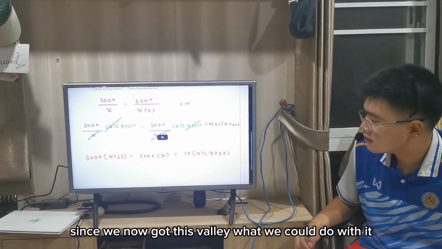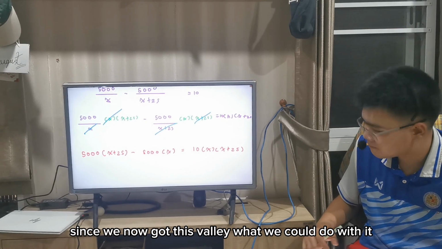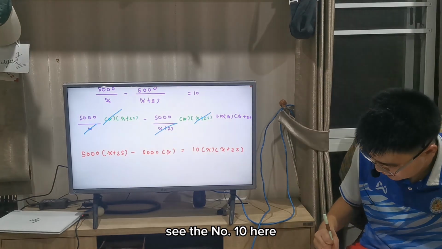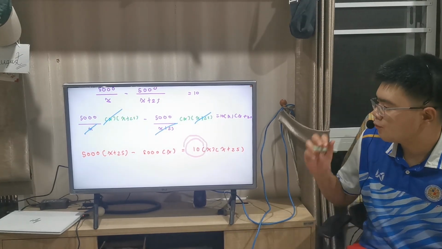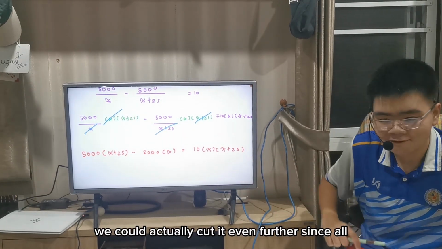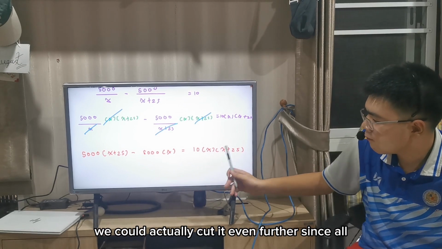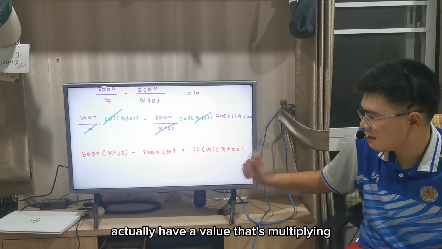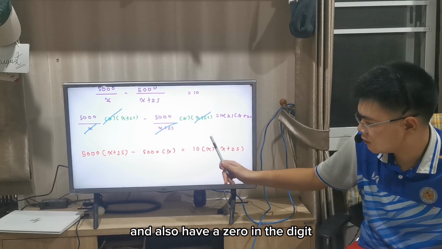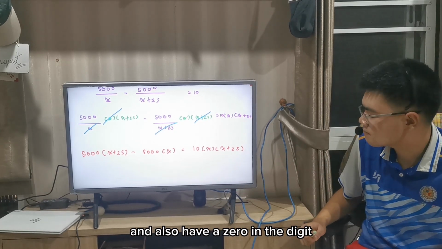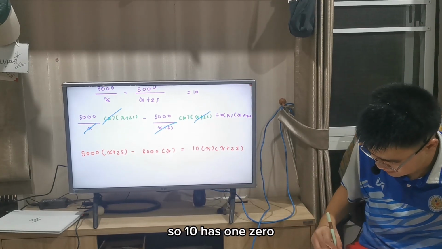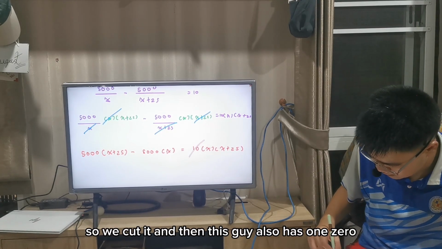Okay, since we now got this value, what could we do with it? You see the number 10 here. We could actually cut it even further, since both sides have a value that's multiplying and also have a 0 in the digit. So we can cut it like this here. 10 has a 1 and a 0, so we cut it.